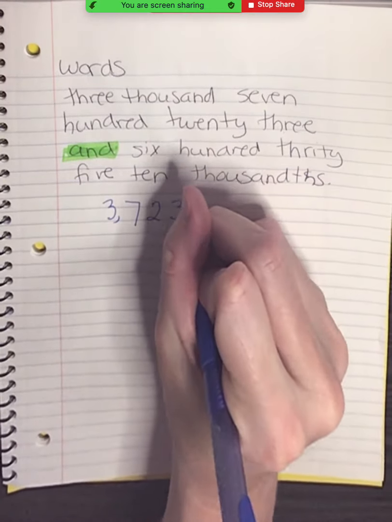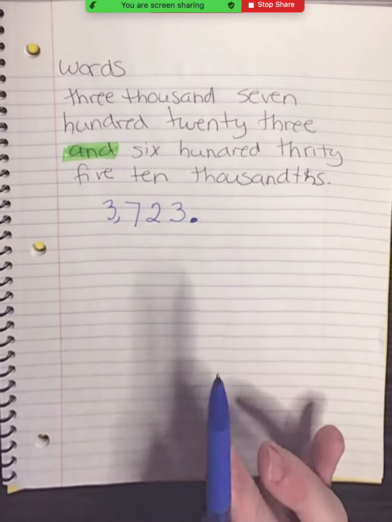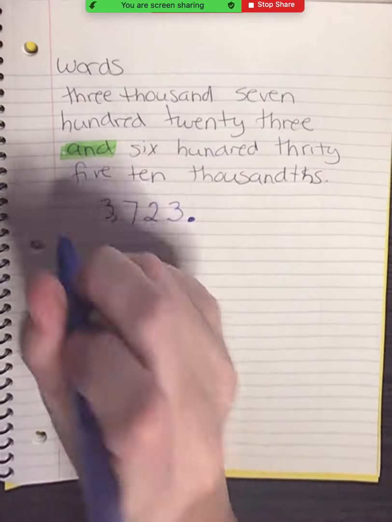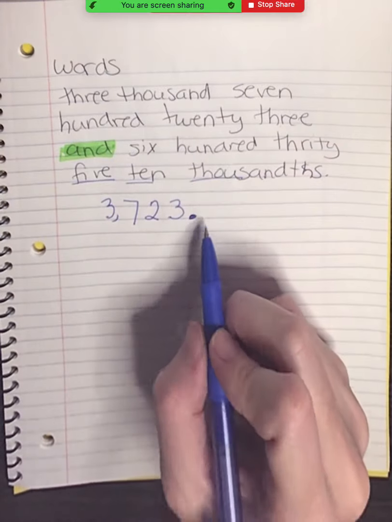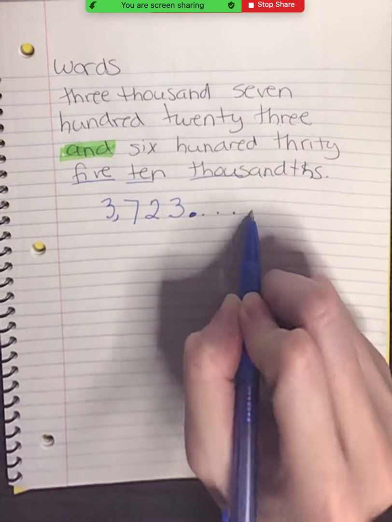Then, and there's that decimal, okay? 635 10,000ths. So the 5 has to go in the 10,000th place. Okay, so it's tenths, hundredths, thousandths, 10,000ths. So here's the 5.